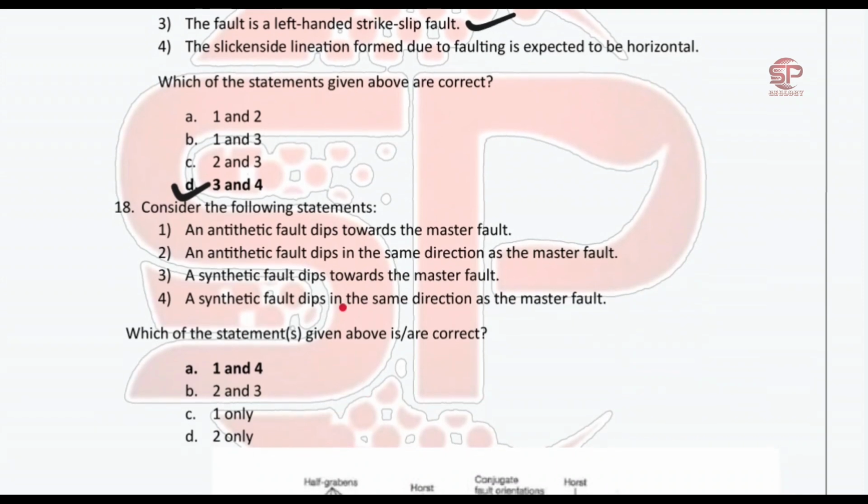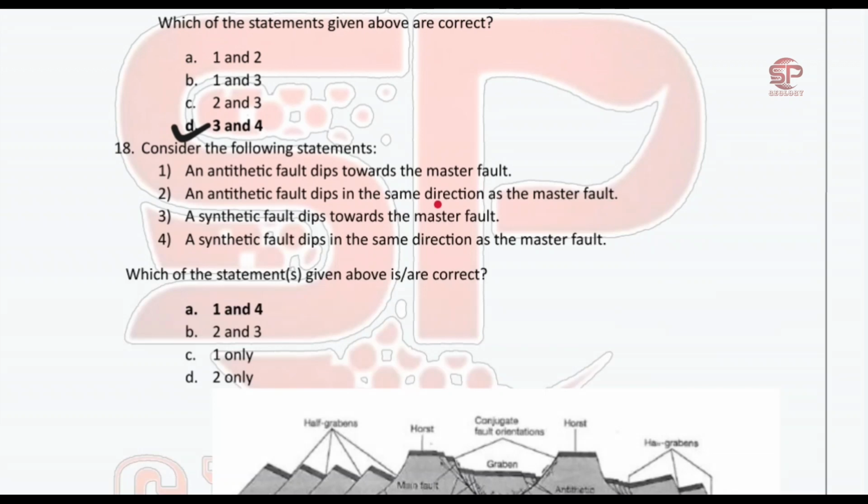Then consider the following statements: an antithetic fault dips towards the master fault. So an antithetic fault is a type of fault which is opposite to the master fault. An antithetic fault dips in the same direction as the master fault. It will be wrong.